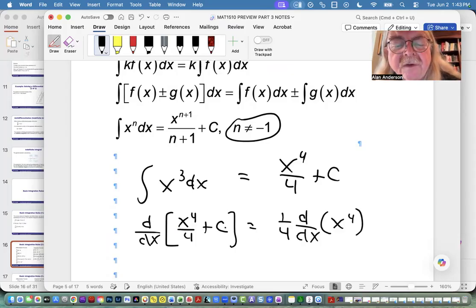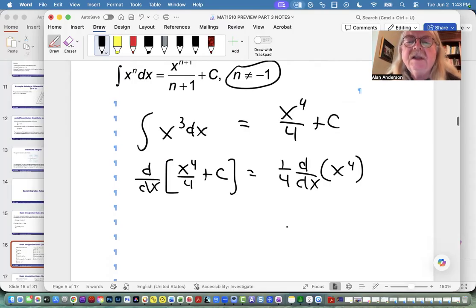So the derivative of c, of course, is just 0. We don't have to worry about that. I've factored out the 1/4 from this expression, and now we're going to use the power rule for differentiation.